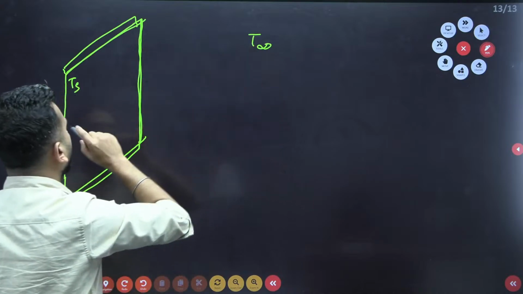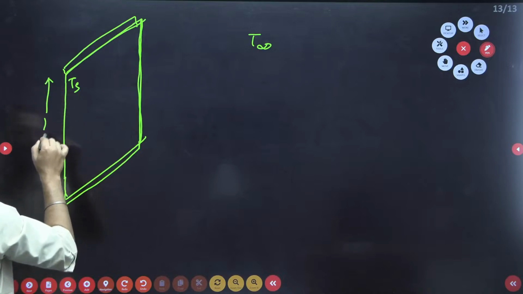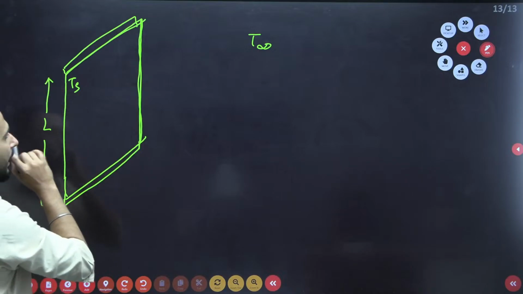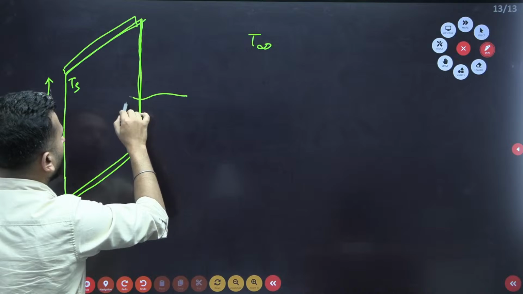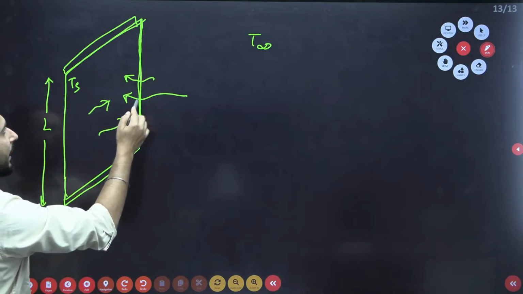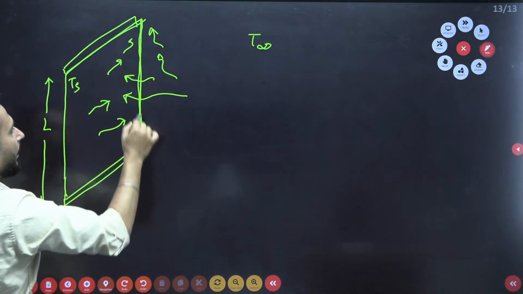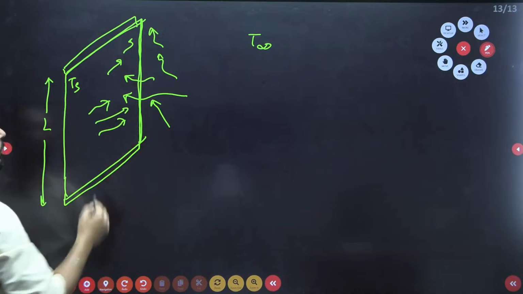This is the ambient temperature. This is a flat vertical plate, and let's say its predominant length is L. Now when the air comes in contact with the plate, it will get lighter, and when it gets lighter, it will go up.